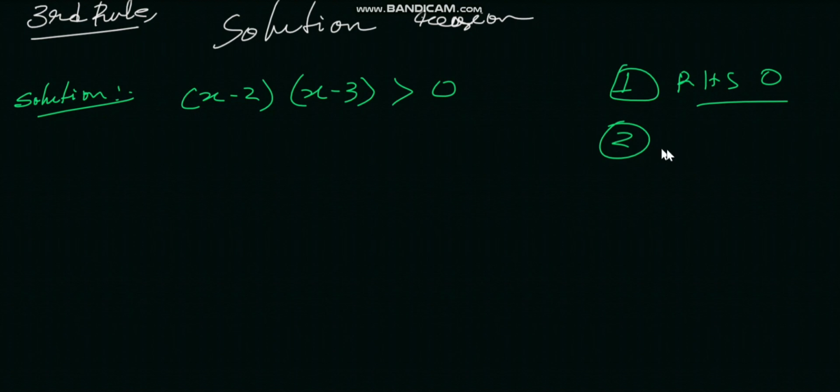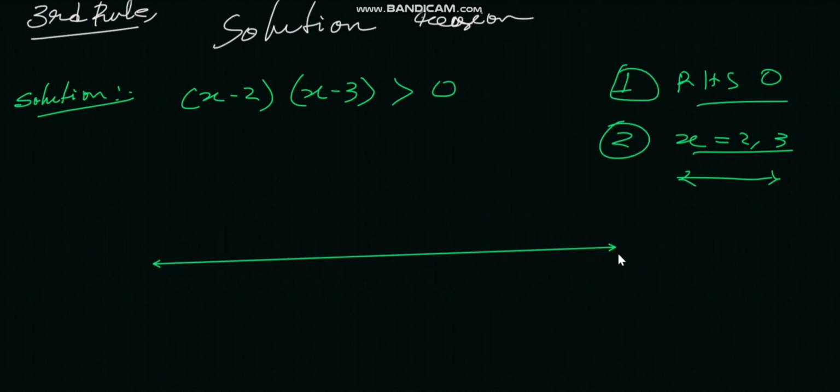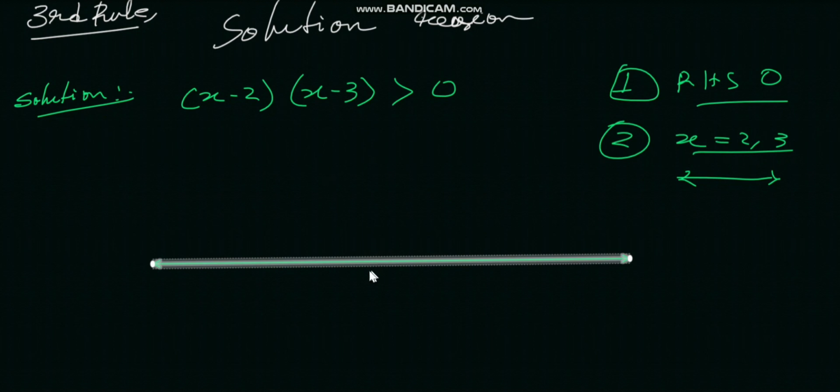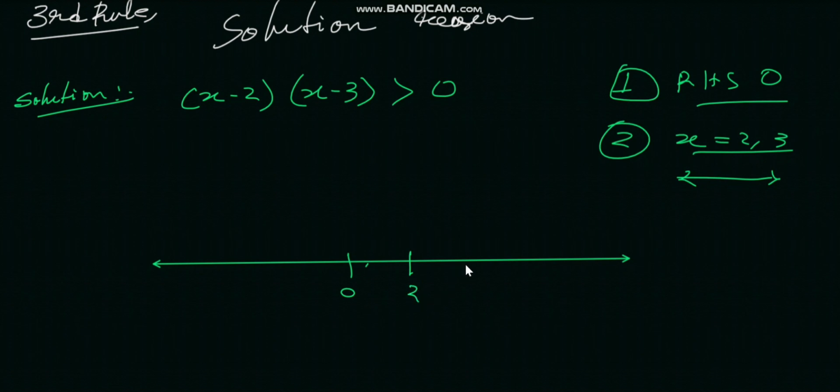In the second step, we need the critical points, which are 2 and 3. So let's plot them on the number line, where this is 0, this will be 2, and this will be 3.